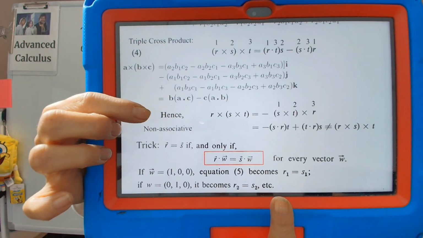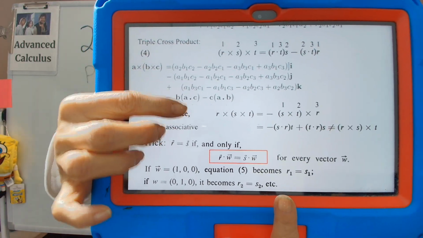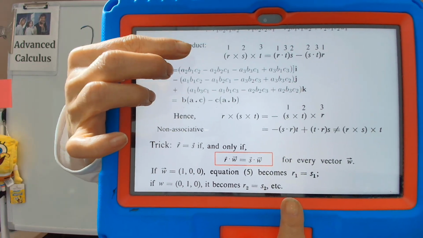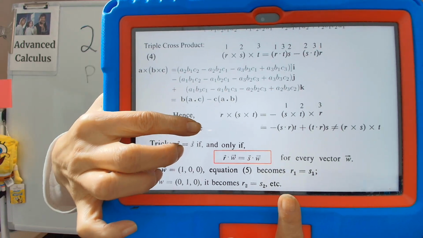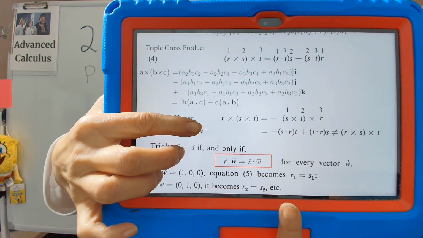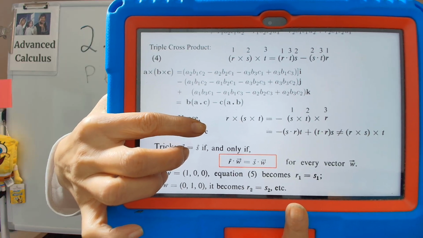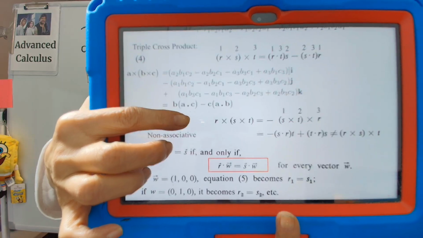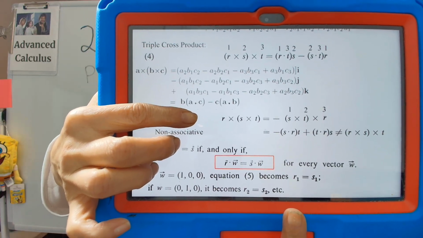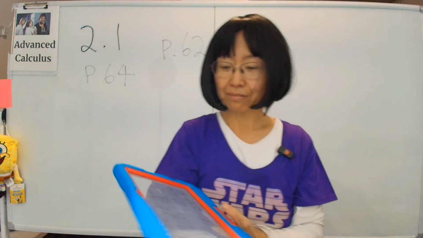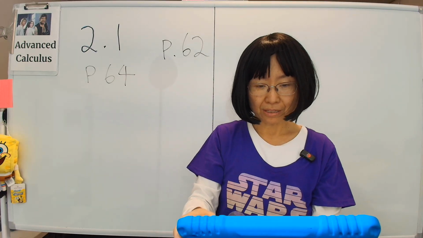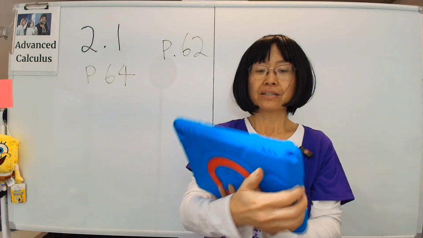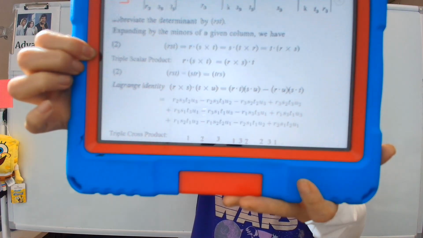So anyway, by the time you work this up, plug this equation in, and apply it here to get this equation here, you notice that it is not the same. That is, with R cross S cross T, you can't move the parentheses, unfortunately. Whereas with the similar formula, the triple scalar product, you can.